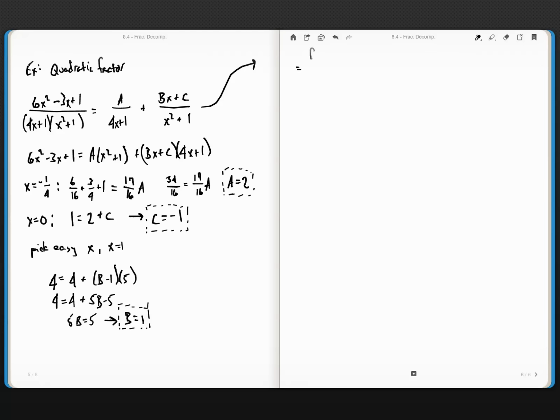And let's just integrate this thing, see what happens. So it becomes the integral of 2 over 4x plus 1 dx plus the integral of bx plus c, so 1x minus 1. So that's just x minus 1.